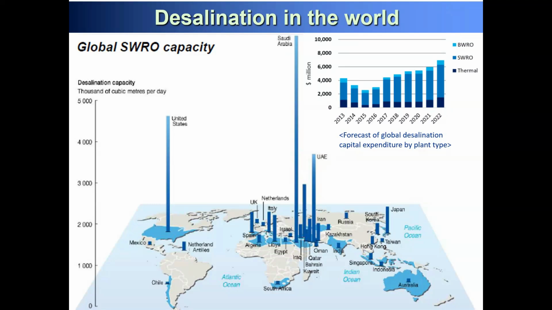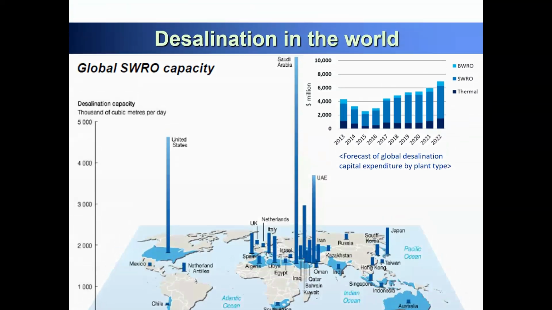It's double, so operating cost per annum is around $12 billion every year. I'm not talking about the whole life cycle of a plant. Every year in the world, we spend around $20 billion on seawater desalination plants. So it's a very big market, and everybody wants an innovative idea to develop this technology.